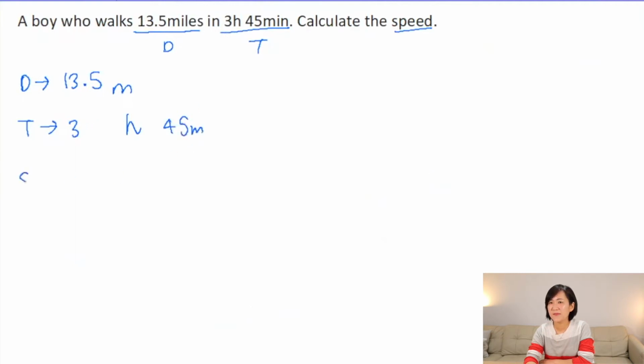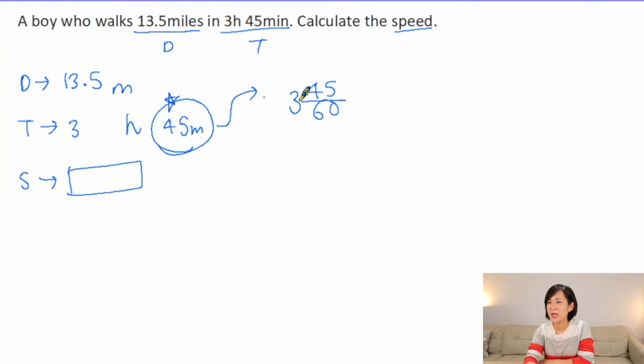Speed is the missing value. Now 3 hours and 45 minutes is 3 hours and 45 out of 60 minutes. This is the most important part when you calculate the speed. So 3 and that is 3/4, right? Now we've got our time.